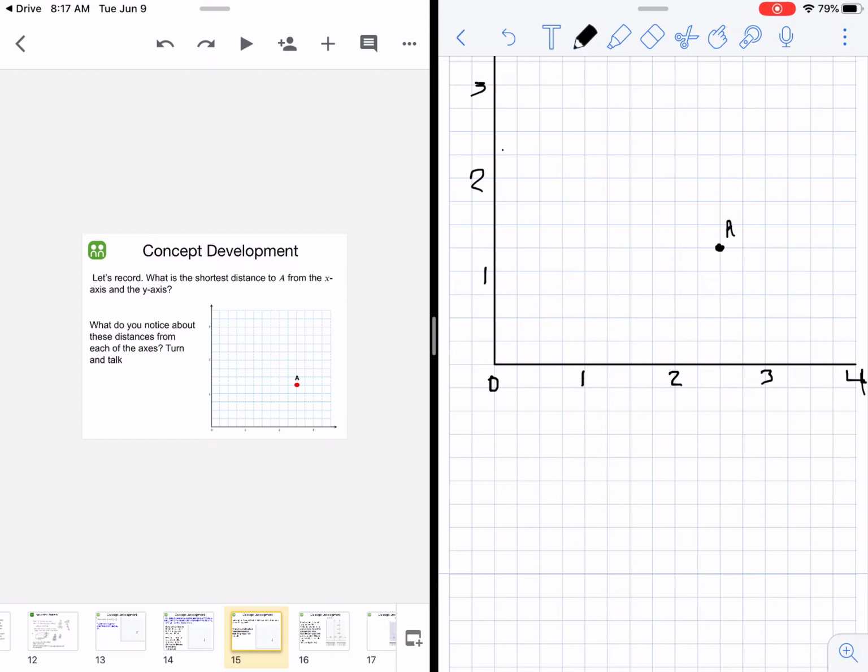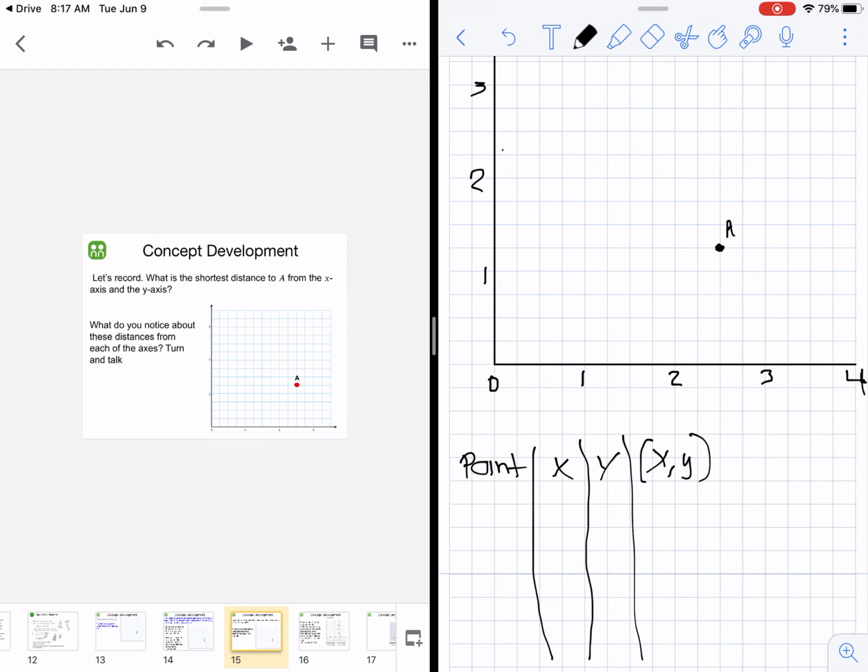Your table is going to say point, and then it's going to have an X and a Y, just like yesterday.